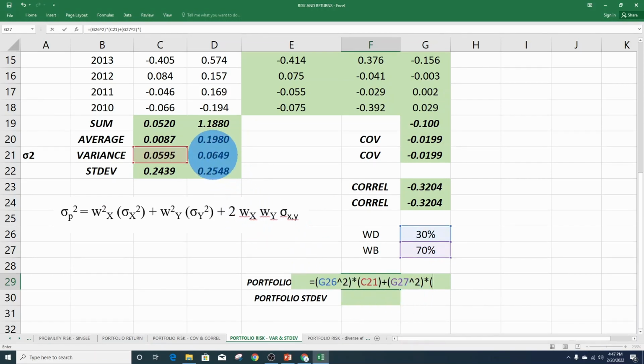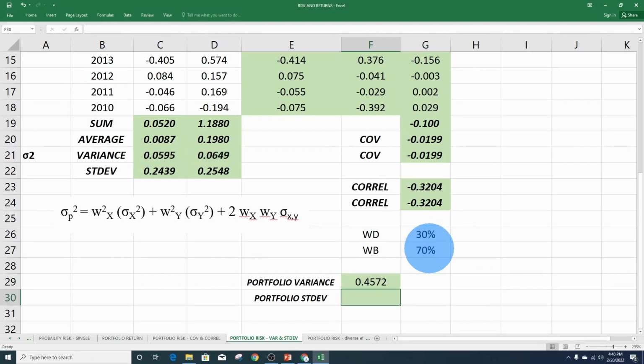The second variance is this, plus 2 times our W1 times the second weight, which is this. So press enter.